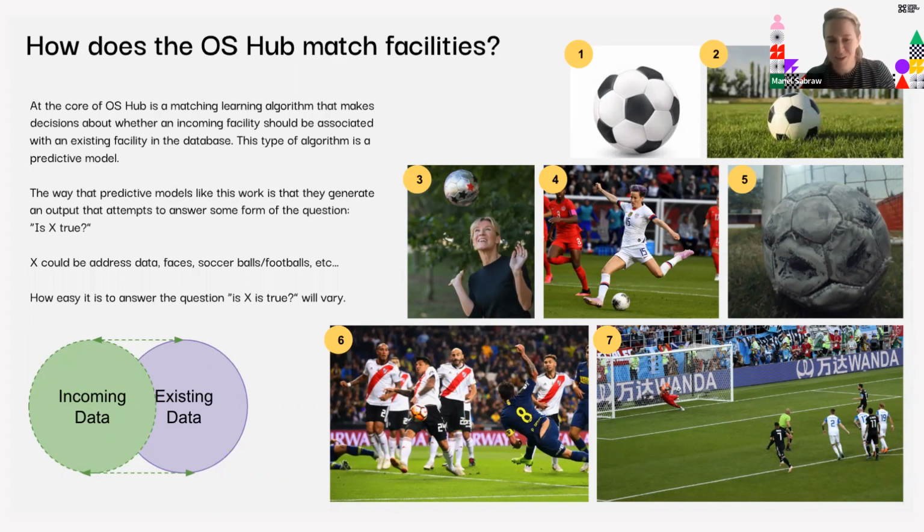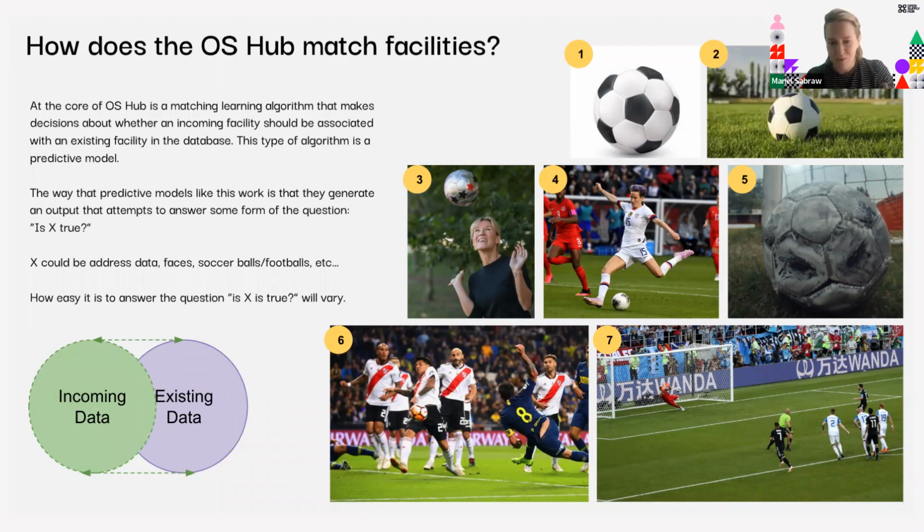The reason there are so many footballs on this screen is because you can tell as you move down the screen that in some of these pictures, it's very easy to tell that there's a soccer ball, and then as you move down, it becomes harder and harder to figure out if there is a soccer ball on the screen. When our system isn't sure if there's a soccer ball or if there's a match between incoming data and existing data on the platform, it asks a member of our team to verify the information.